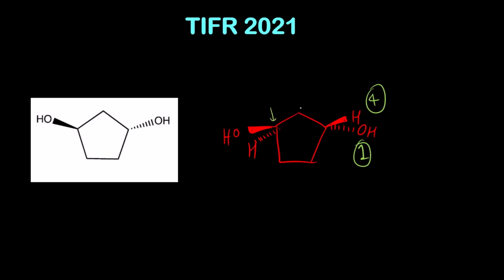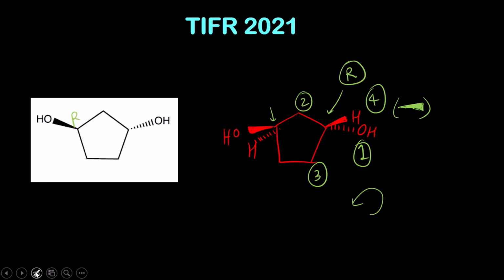Since here there is this oxygen, this will get the second priority and this will get the third priority. So 1 to 2 to 3 you can see it is anti-clockwise, but the fourth priority group you can see is on the wedge bond. So the absolute configuration for this will be R. So for this carbon it was R, and for this chiral carbon also it was R.